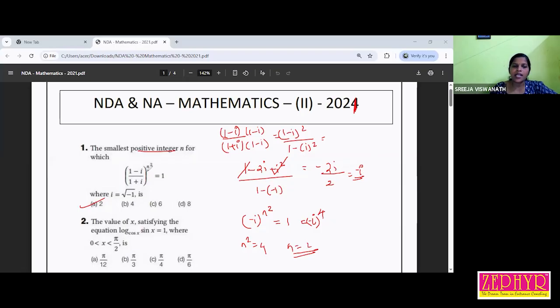Given that the quantity raised to n square is 1. So (minus i) raised to n square is 1. We know that i raised to 4 is 1. Also (minus i) the whole raised to 4 is 1. So we can compare. n square is equal to 4. That means n is equal to plus or minus 2. But here the question is to find the positive integer.